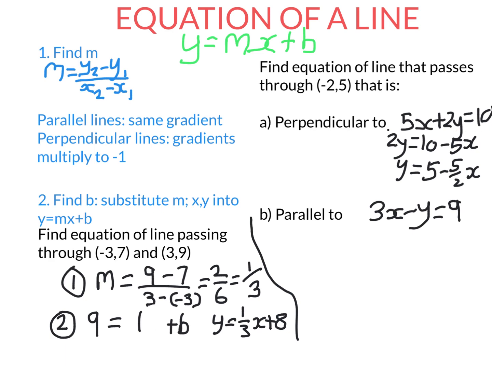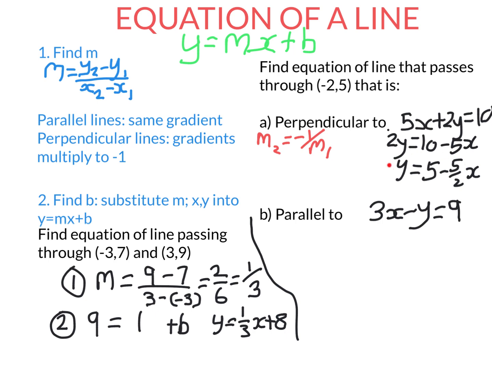The gradient of any line that's perpendicular must be a number so that when you multiply it by -5/2, you get an answer of -1. The quick way of doing that is the gradient of the second line must be -1 over the gradient of the first line. This is true when and only when the lines are perpendicular.